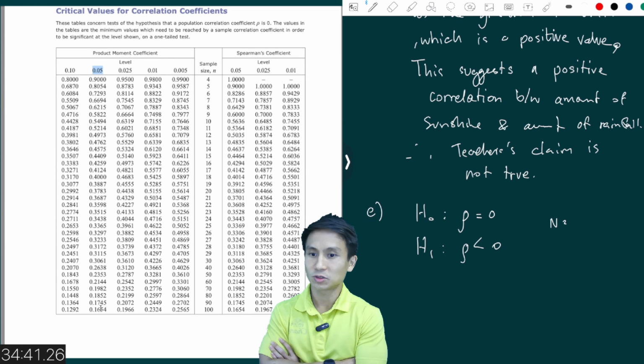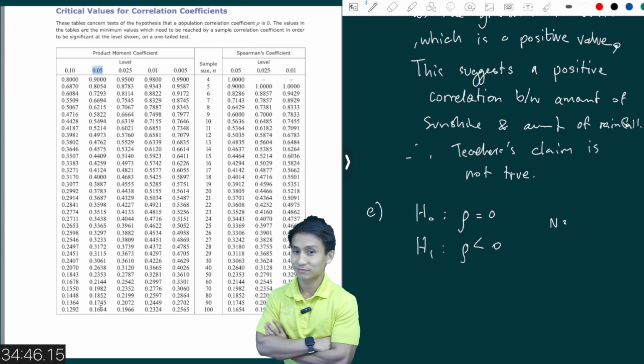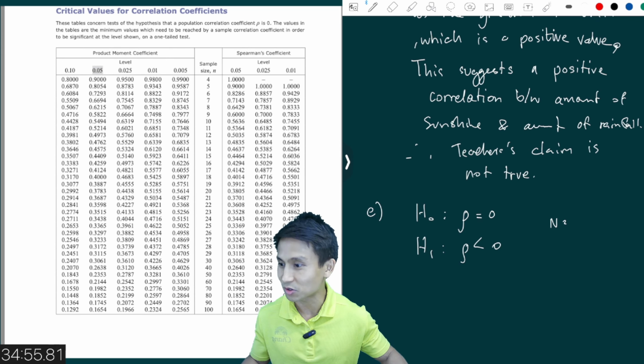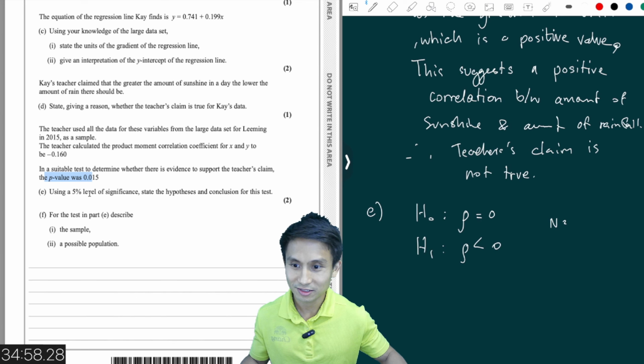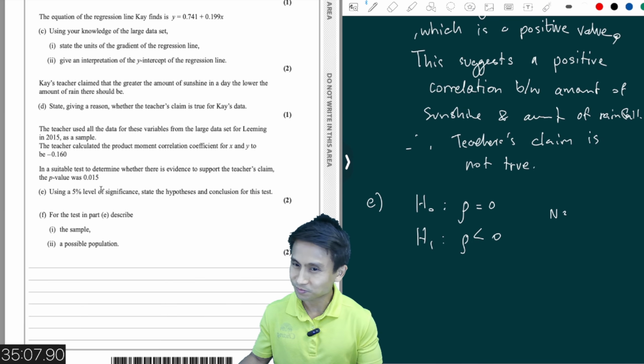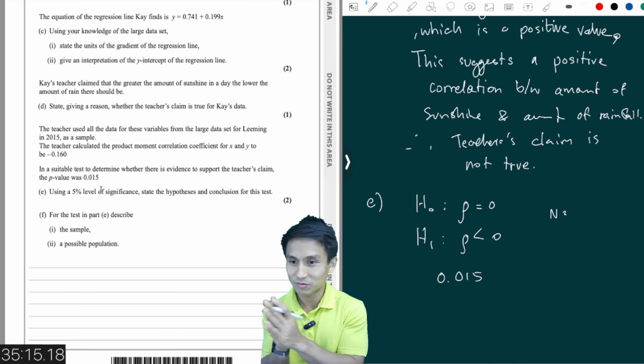In a suitable test to determine whether there is evidence to support the teacher's claim. Look, we already have the p-value. It seems like we can use the p-value to compare with the significance level. I'm just going to go with that, because I think there's no point using this correlation just yet. 0.015, this is one tail, because we're testing to be less than 0.